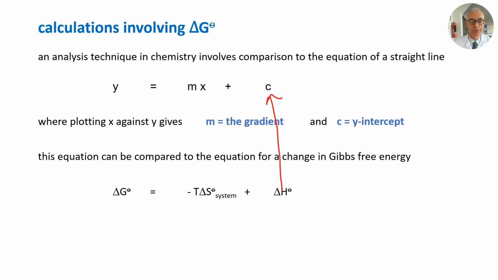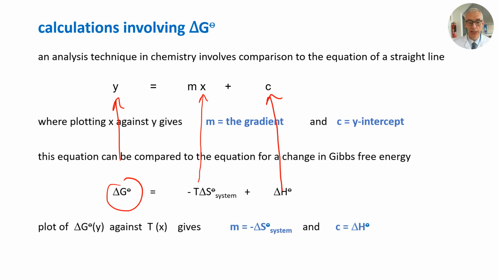If we plot delta G being y against temperature in Kelvin as x, then the gradient is going to be minus delta S, negative of the entropy change of the system.